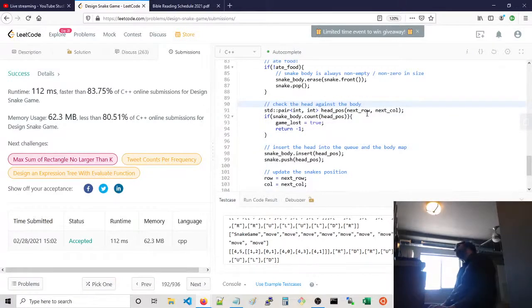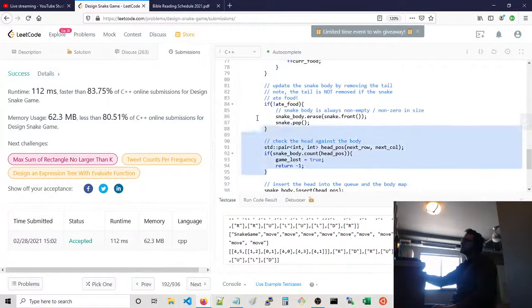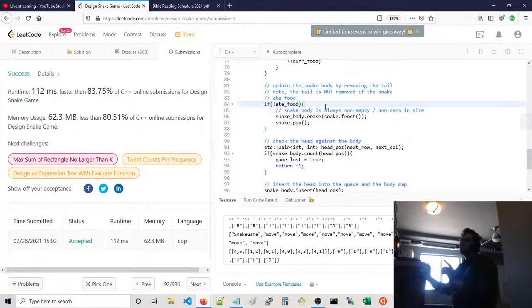And it's actually a good question. If the food, now you get something funky here. If the food is where your tail is, so in other words, if the food shows up where your tail is, and you jump on it, you're going to run into your tail.